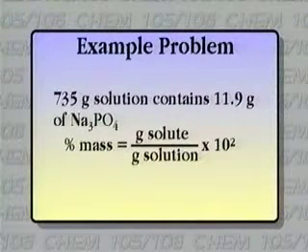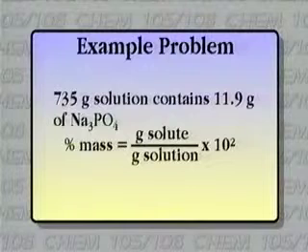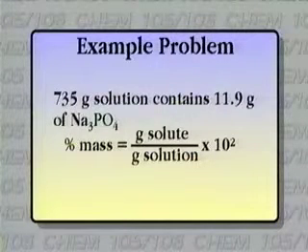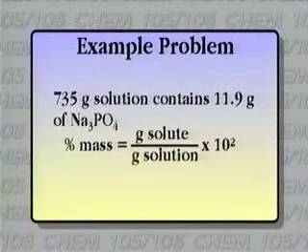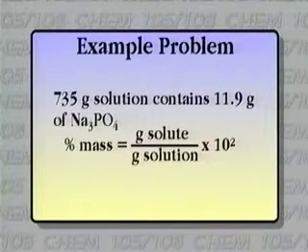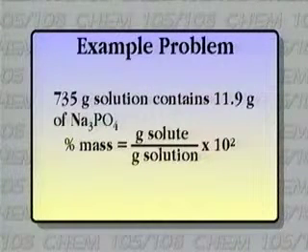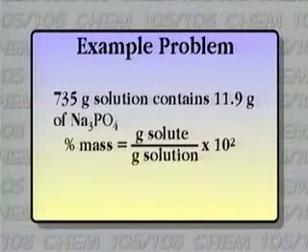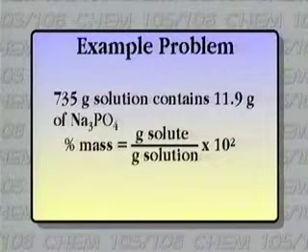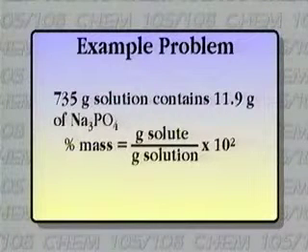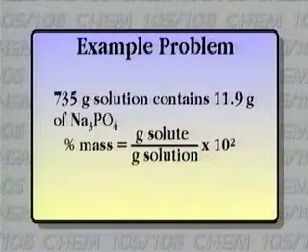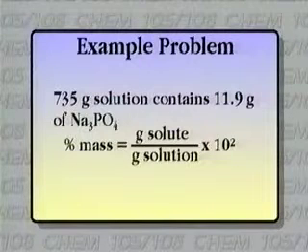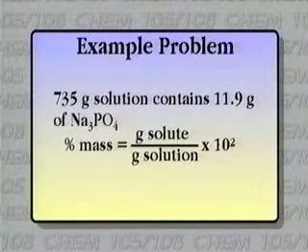So percent by mass then again will be the grams of solute divided by the grams of solution times 10 to the second. In this particular case, the number of grams of solute, remember by definition the solute is the component of the solution in the least amount.